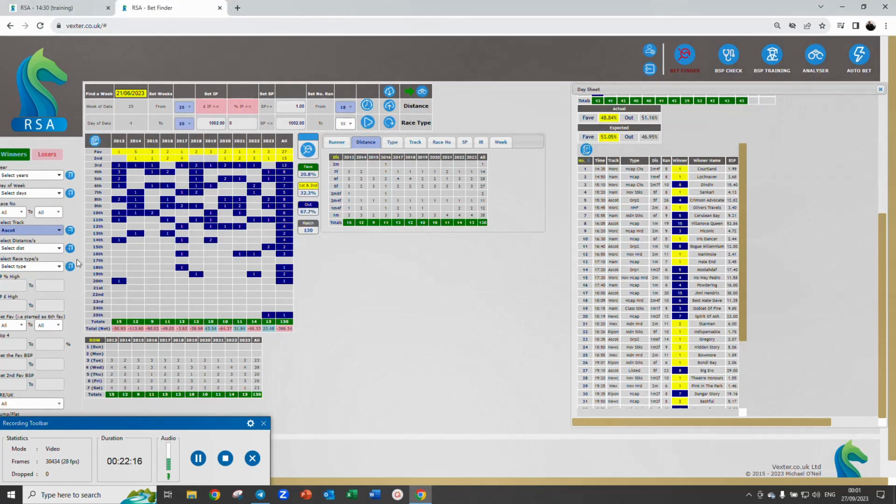It's a 5 furlong group 2. So group 2, group 2, group 2, group 2. Play.